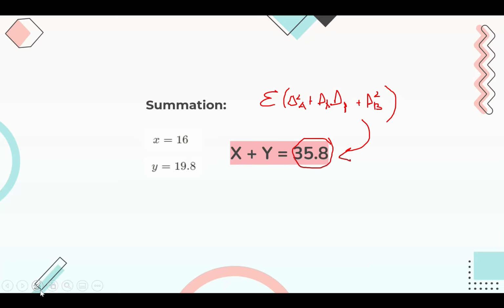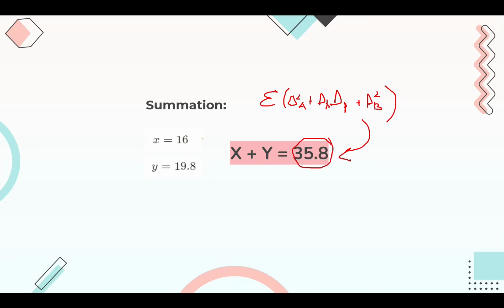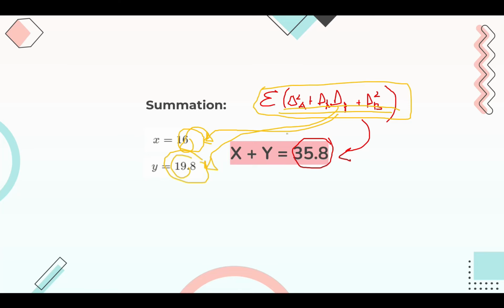Why is it a summation? Because this x here is the value for triangle ABC, and this 19.8 is the value for triangle BCD. So x plus y is the summation value for our two chain of triangles.